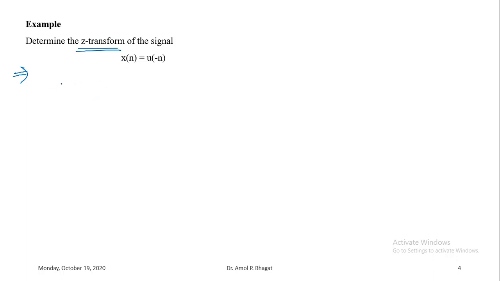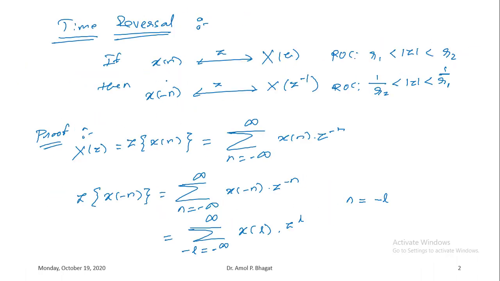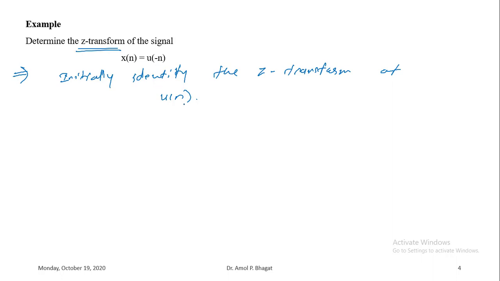Initially we will try to identify the z transform of u of n. From u of n we can identify the z transform of u of minus n by using this time reversal property.